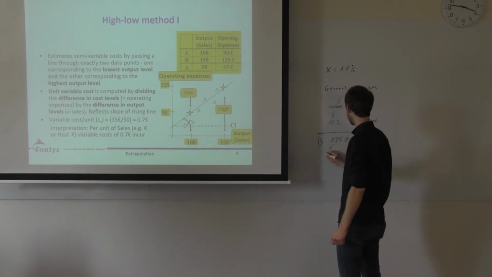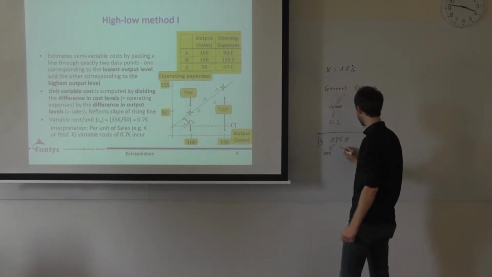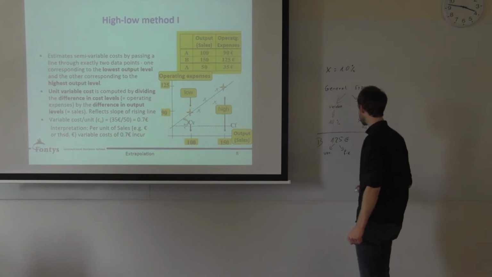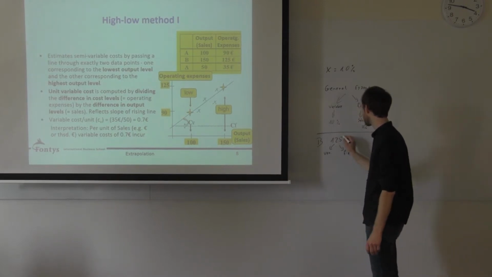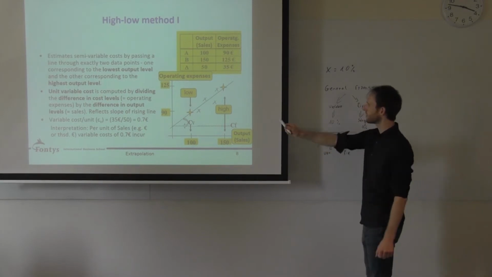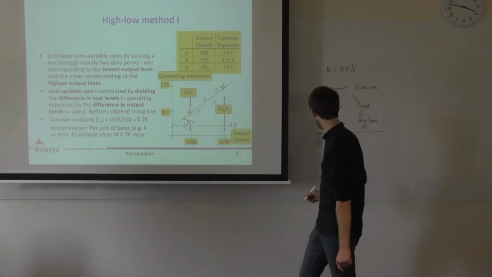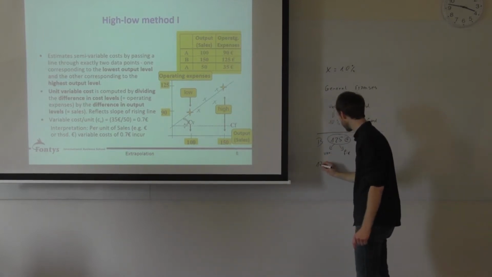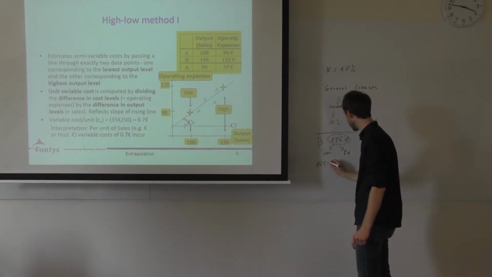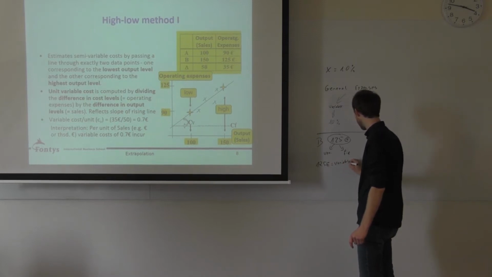And of course, there's a certain variable part in there and a certain fixed part. We know the total costs are variable plus fixed. And if we know that 70% of revenue is cost, then it's going to be very easy. So then we have 125 euro equals variable plus fixed cost.